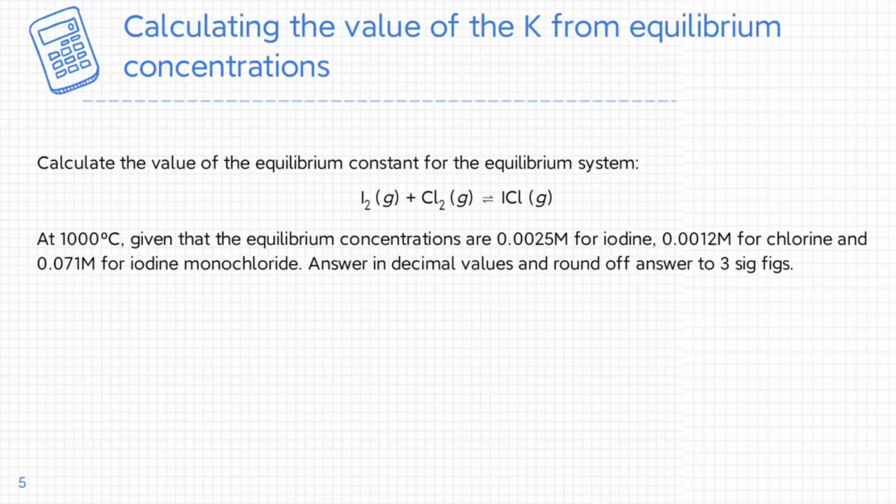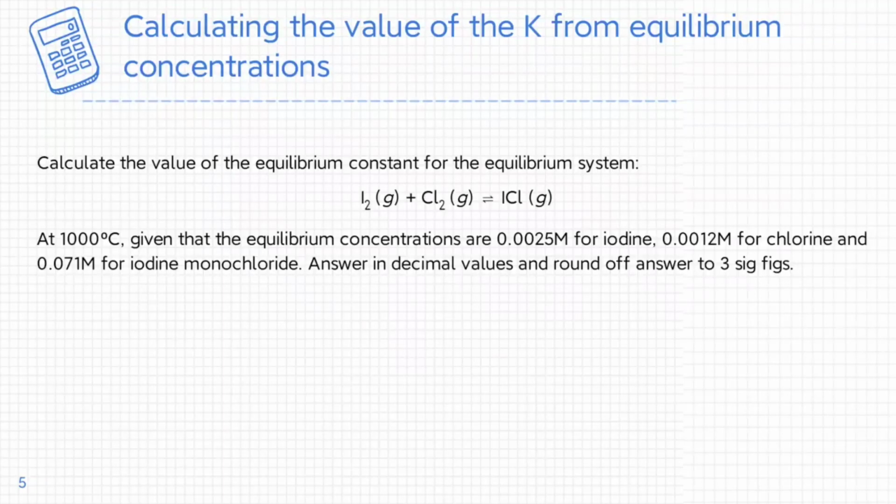Okay, now let's calculate na. So the problem is here: calculate the value of the equilibrium constant for the equilibrium system, iodine plus chlorine, reversible reaction into iodine monochloride, at 1000 degrees Celsius, given the equilibrium concentrations are 0.0025 for iodine, 0.0012 molar for chlorine, and 0.071 for iodine monochloride. Okay, so meron na tayong mga given values or equilibrium concentration per compound.